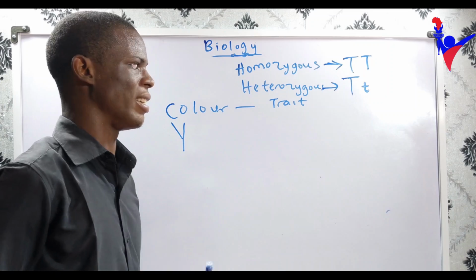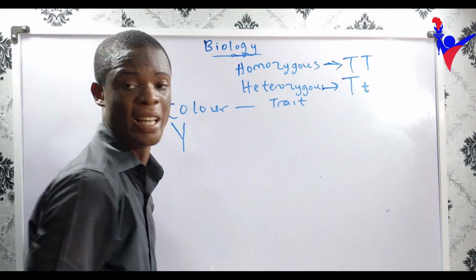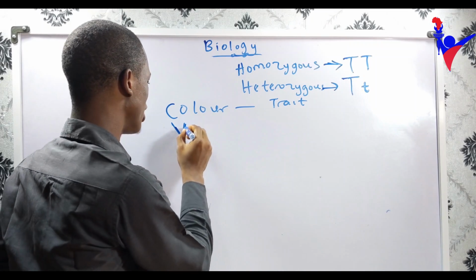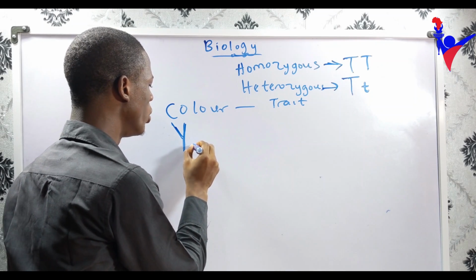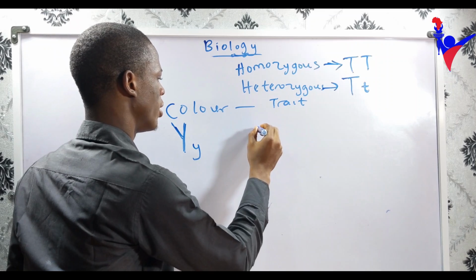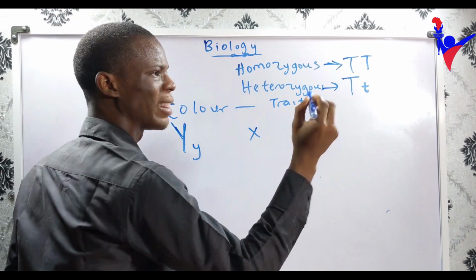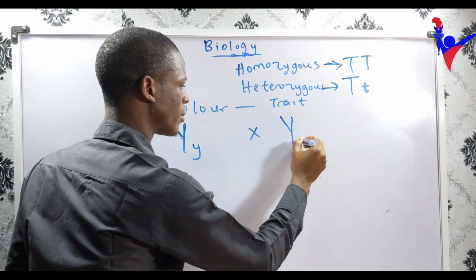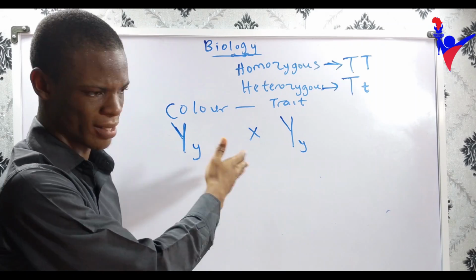From your basic knowledge of genetics, you know that capital T is the dominant one and the small t is the recessive form. So we can say we have the dominant form for yellow color, which is Y, and the recessive form, which is the small y, crossed with another heterozygous yellow plant, which is Y y.